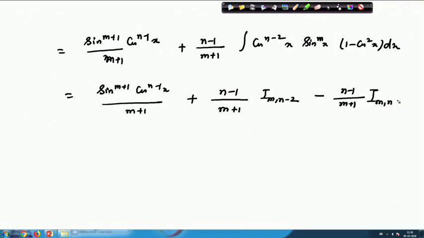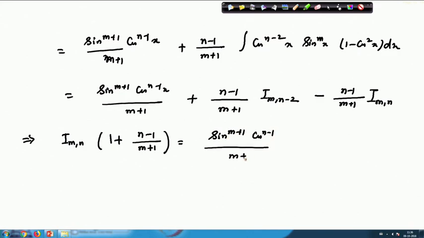And if I take everything on the left hand side, this will become I m n times 1 plus n minus 1 divided by m plus 1, and on the right hand side we will have sin m plus 1 x cos n minus 1 x divided by m plus 1 plus n minus 1 divided by m plus 1 times I m n minus 2.